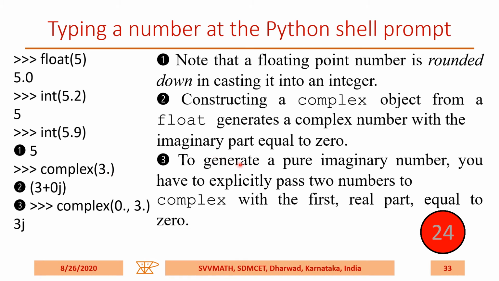Third, to generate a pure imaginary number, you have to explicitly pass two numbers to complex, with the first, the real part, equal to 0. Try to type like this in front of the Python shell prompt. Try to observe the output, understand.